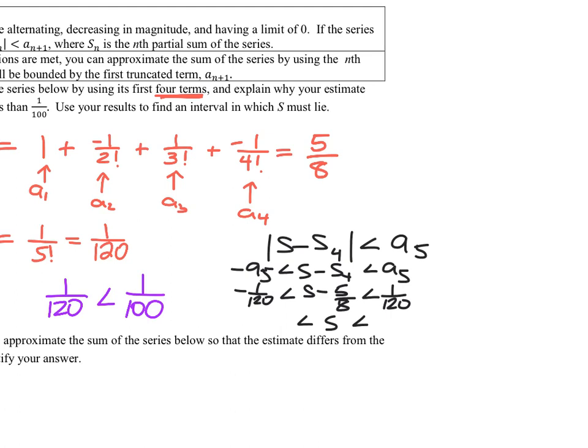So 5/8 minus 1/120th is 37 over 60, and the upper end is 19 over 30. All right, so the true sum has to be in that interval. And really, if you think about it, we only had to go out 4 terms in order to get a good approximation. That's pretty good.